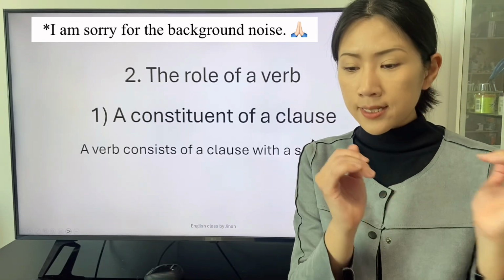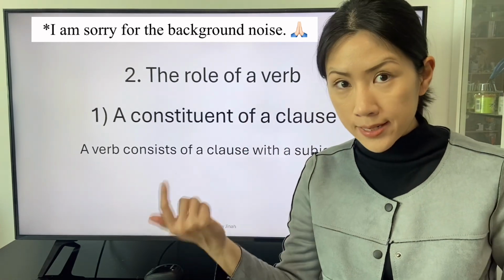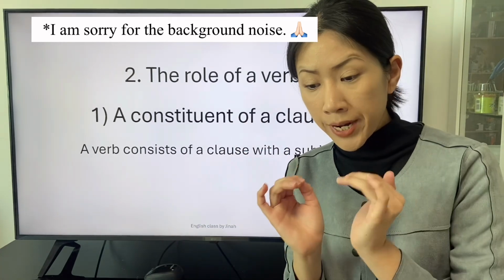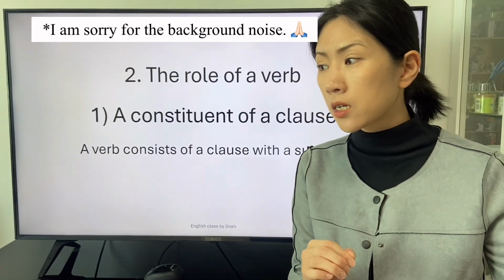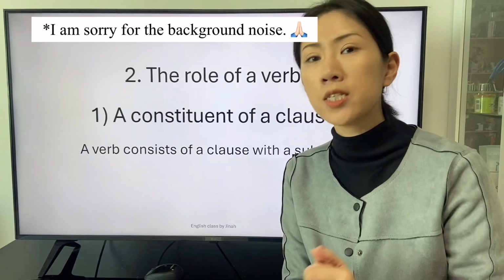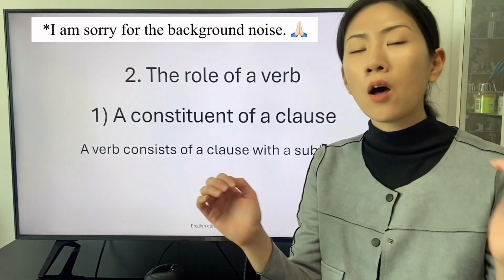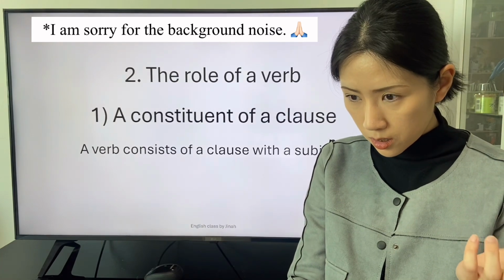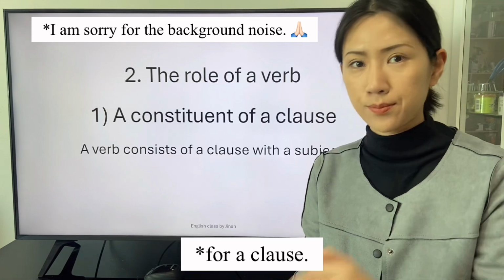A subject and a verb are the premise that a series of words can be considered as a clause. A subject and a verb are minimal necessities.